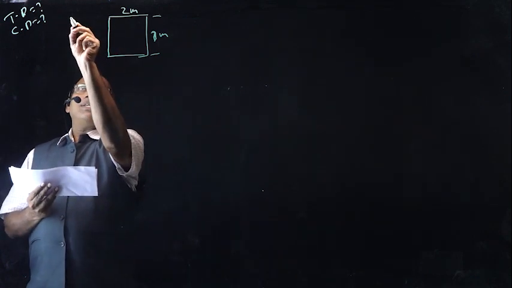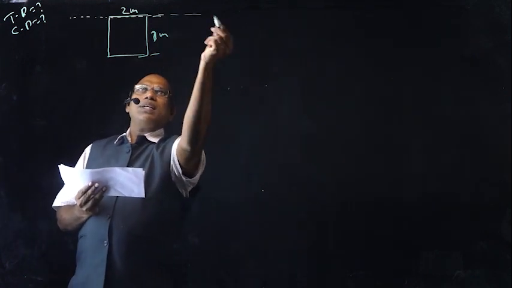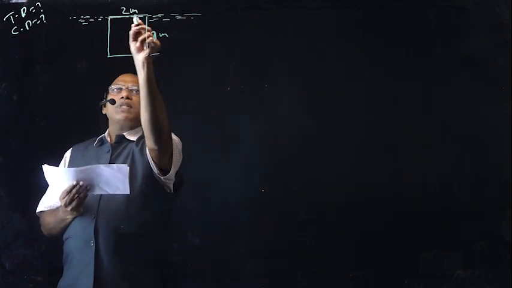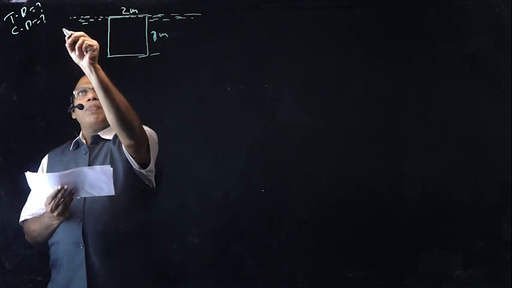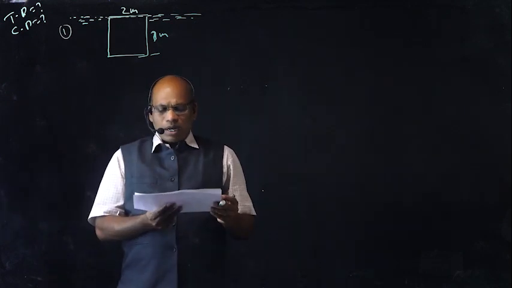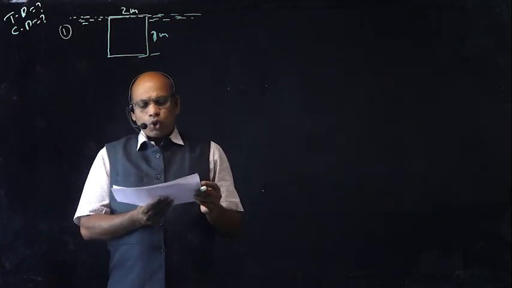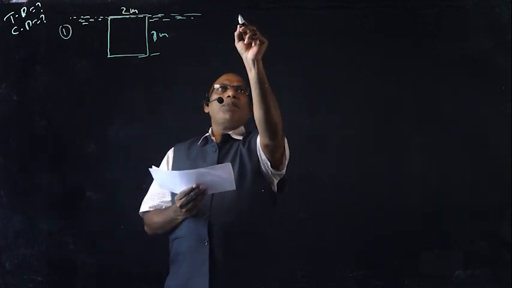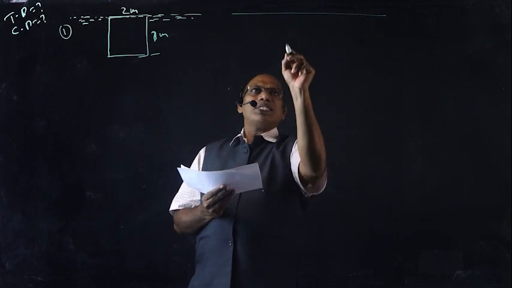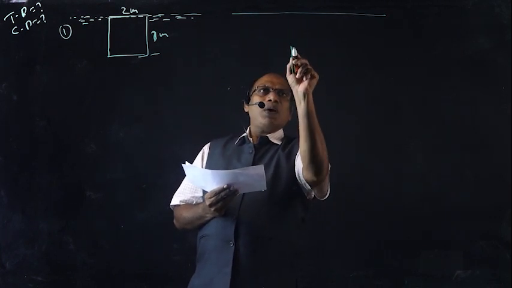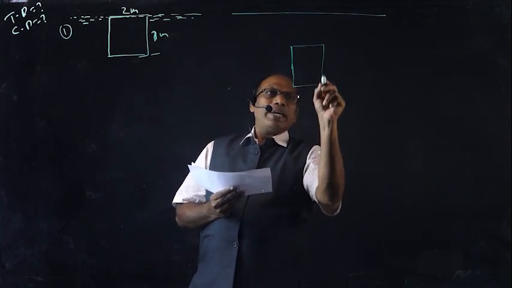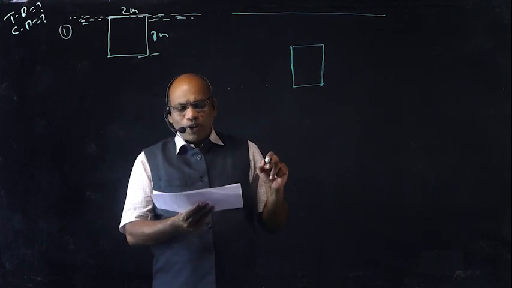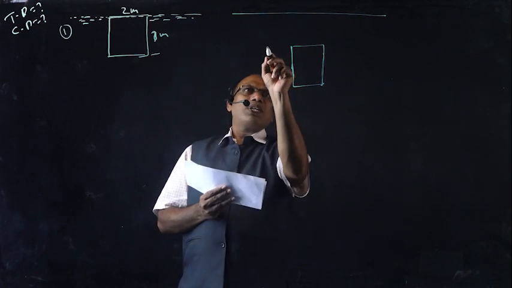That means this is the water surface. The top surface coincides with the water surface. Another case is 2.5 meters below the free surface of water. This is the free surface, and the object is 2.5 meters below the free surface of water.